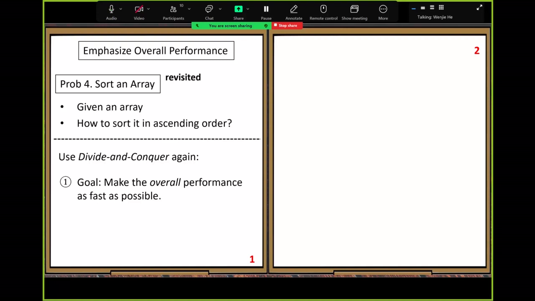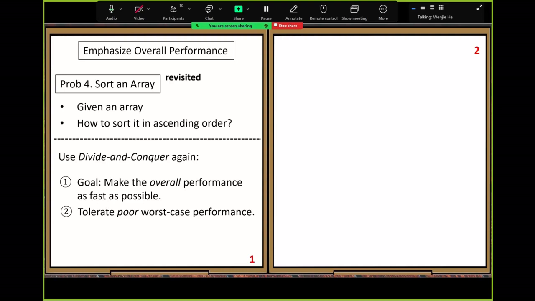We want to use a completely new idea compared with what we have done so far, a completely new, different way of using divide and conquer.